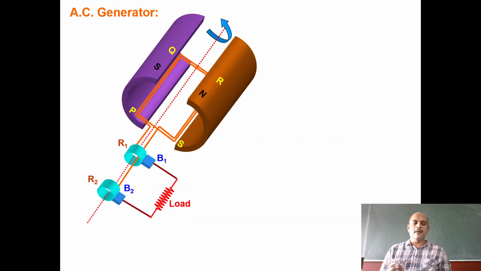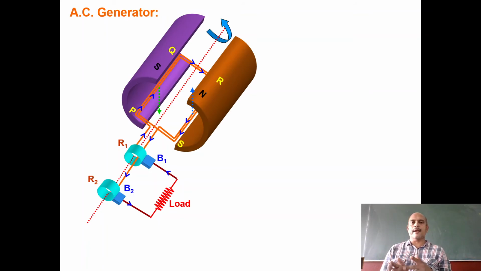So here we change the flux by changing the angle between B and dS. Phi equals B dS. So we are changing the flux by changing the angle between B and dS. The AC generator is based on the principle of electromagnetic induction, and we find the direction of current by using Fleming's right hand rule.